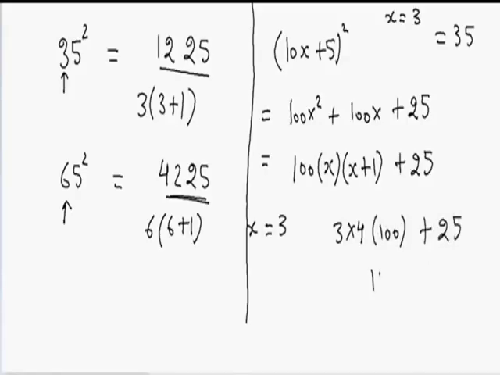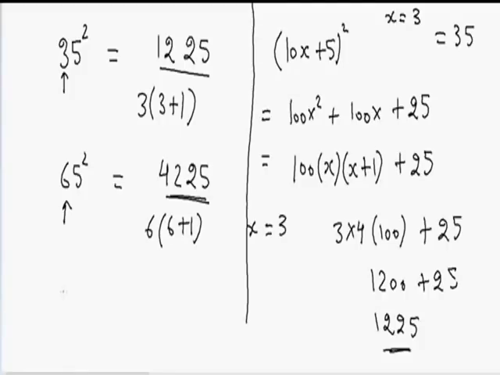That will give me 1200 plus 25. So we'll get 1225. So this is how this trick works. Basically we are multiplying the first digit by itself plus 1, multiplying by 100 and then adding 25 in the end.